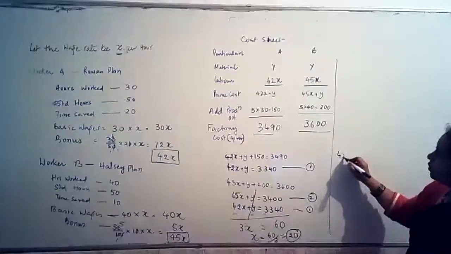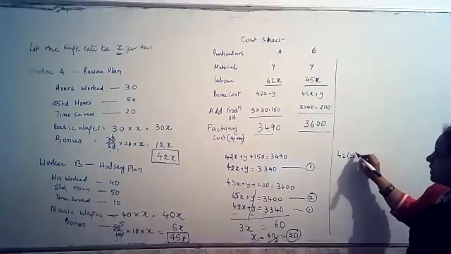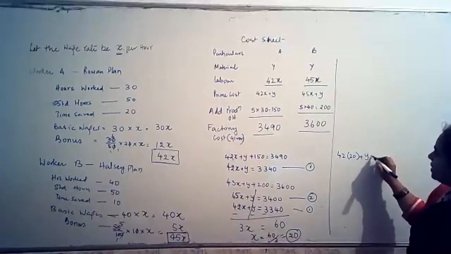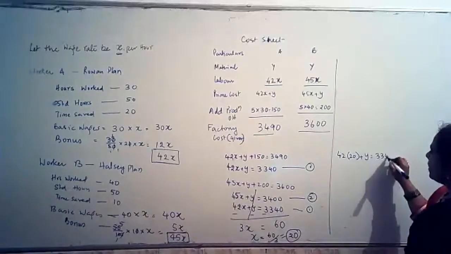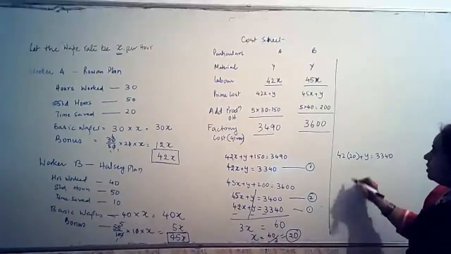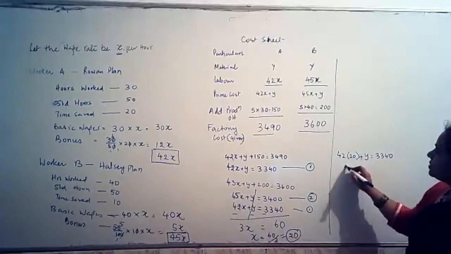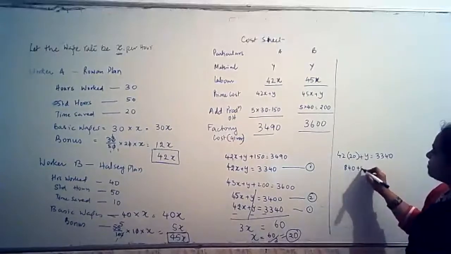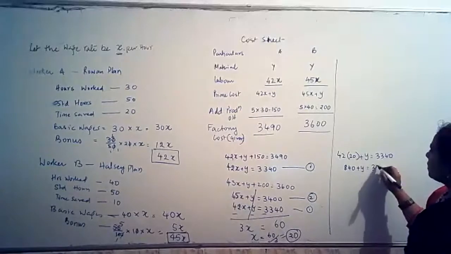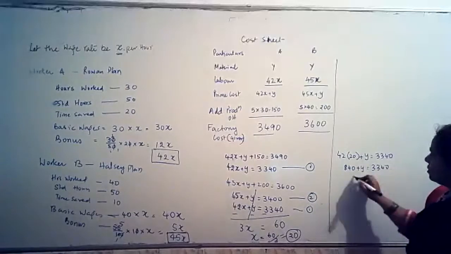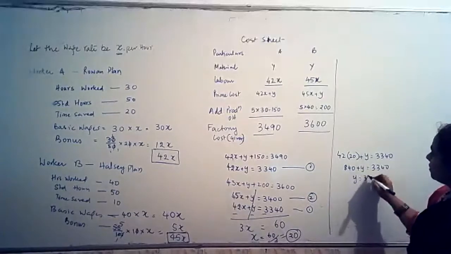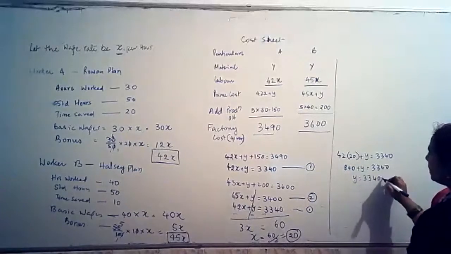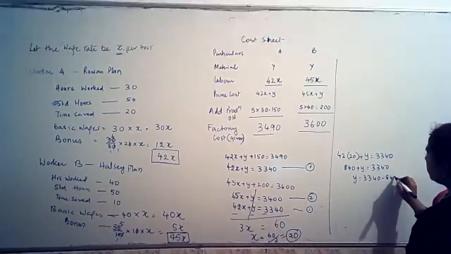So I will use it in one equation. 42 into 20 rupees plus y is equal to 3,340. So 42 into 20 is 840 plus y is equal to 3,340. So y is equal to 3,340 minus 840.